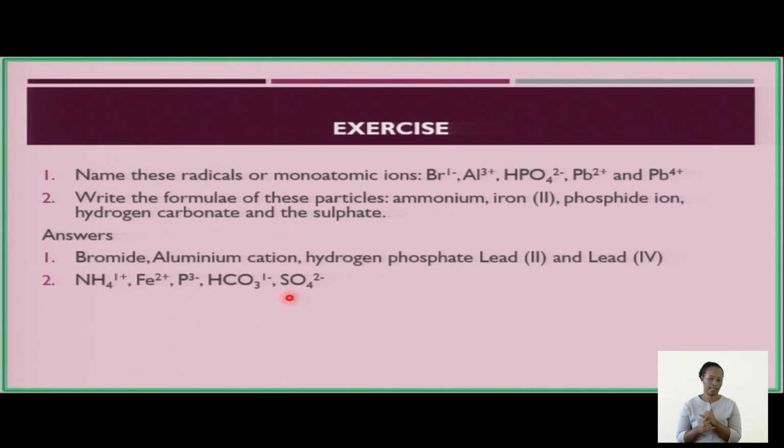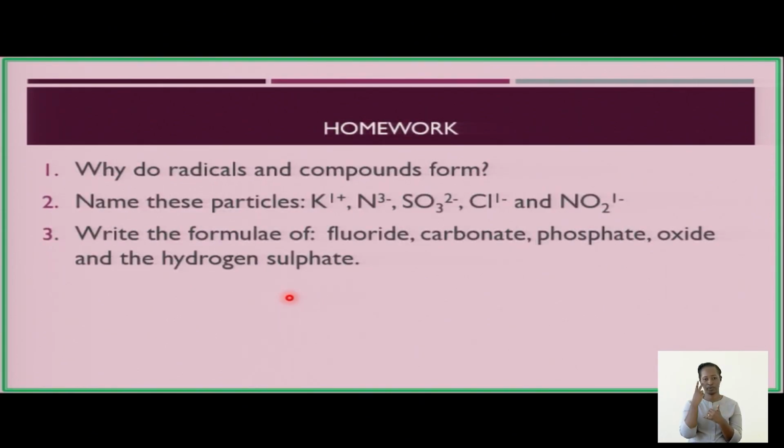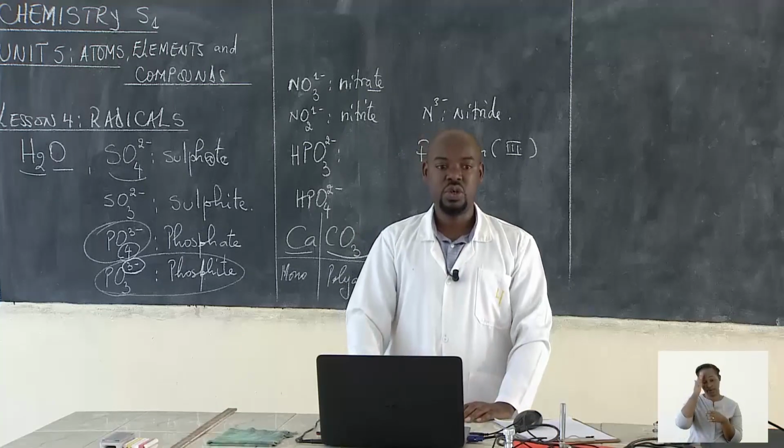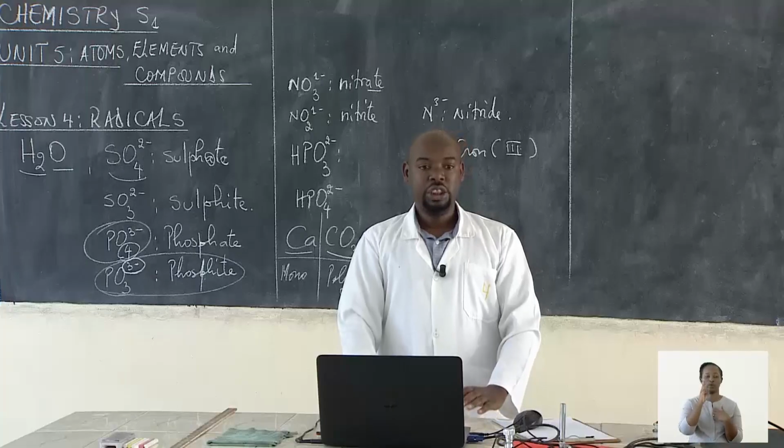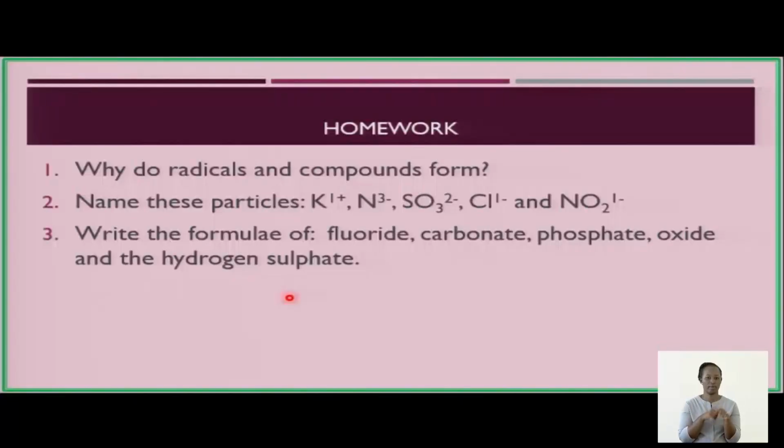Now, let us have a look at the homework you have to try when you will get time. I know you are so courageous, so you will manage to get time and work it out. Why do radicals and compounds form? We have seen this. Number 2, name these particles.